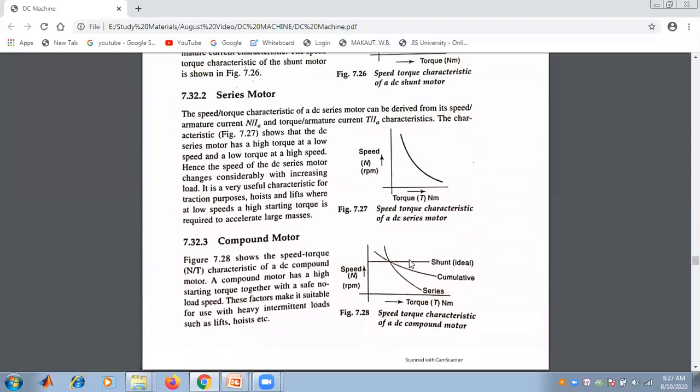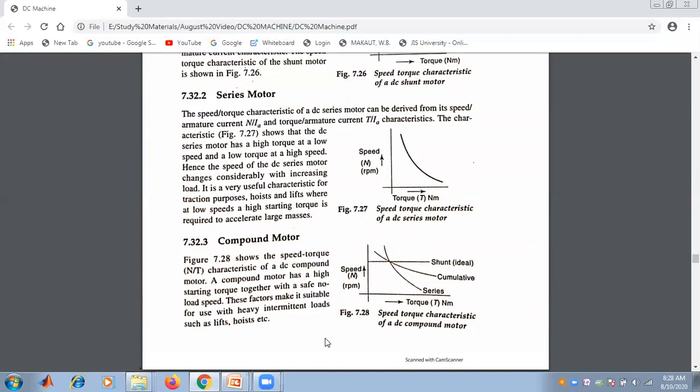Another is the compound motor. So this is the speed torque characteristics of a DC compound motor. A compound motor has a high starting torque. This is for the shunt, this is for the series, and this is for the cumulative compound. So a compound motor has a high starting torque together with a safe no-load speed.